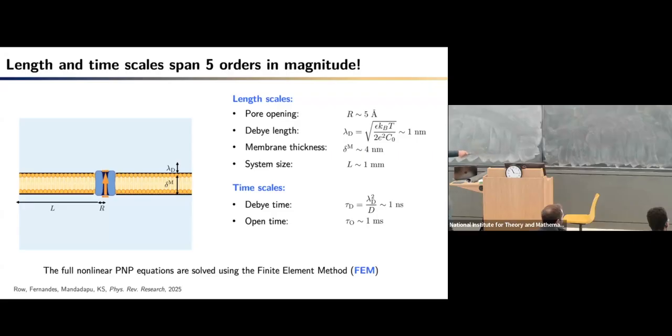Time scales, we have the smallest time scale is the so-called Debye time, which is the time for diffusive reorganization in this Debye layer. That's around 1 nanosecond. And then open times for channels can be of the order of 1 millisecond. And so what we're doing here is we're solving the full Poisson-Nernst-Planck equations numerically using the finite element method. And that is done because the inherent PNP equations are nonlinear.